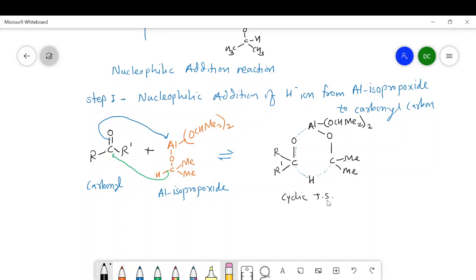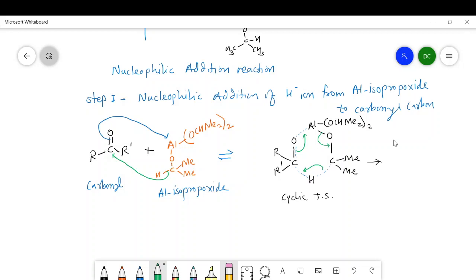After the formation of the cyclic transition state, this transition state is going to collapse and form the corresponding mixed alkoxide. Now what happens? This bond is going to break to form this single bond, then it is shifted here. The cyclic transition state collapses to form the corresponding mixed alkoxide and acetone.